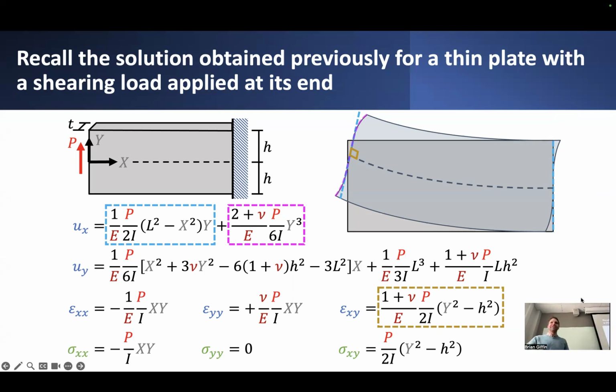So clearly, those two assumptions, plane sections remain planar and perpendicular to the centroidal axis of this deformed beam, appear to be violated. First of all, clearly this section is not planar, at least according to this elasticity solution that we derived. It has this funky kind of S or curved shape.